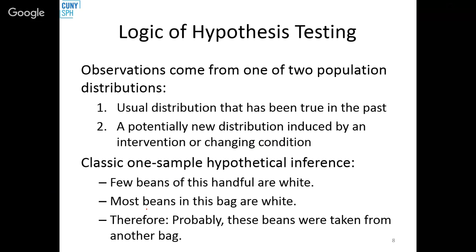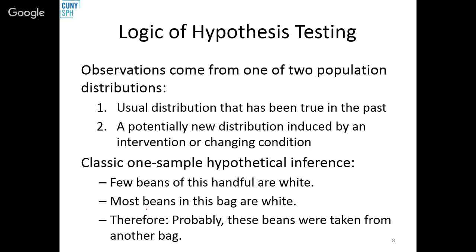The idea, the logic behind what we're doing is that our observations, our sample, comes from one of two population distributions. One is the usual, something that has been true in the past, or this is our control, our placebo. This is what we will call our null hypothesis.